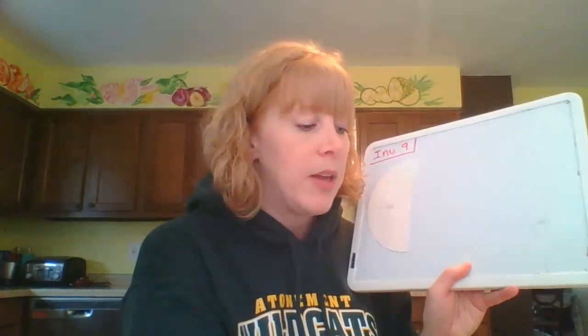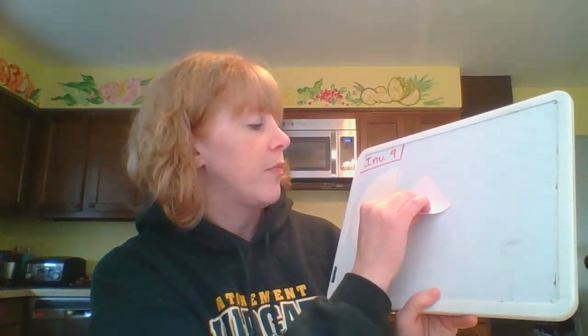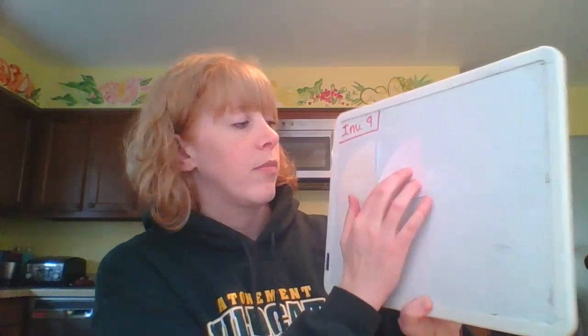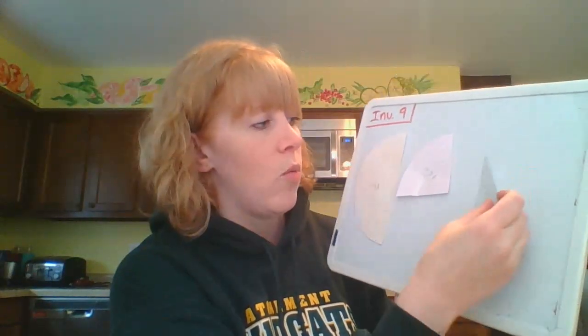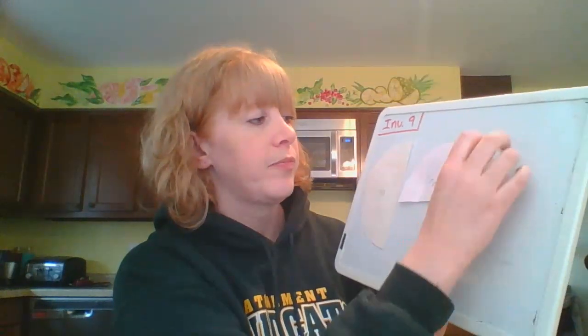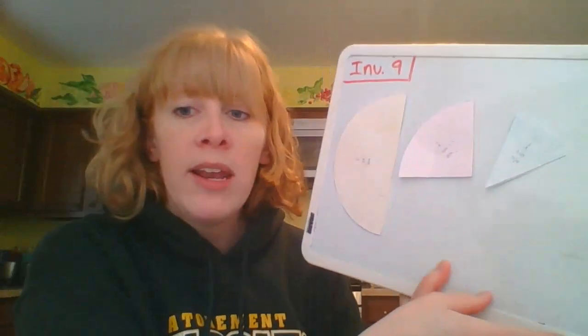So I have a 1/2 manipulative still up here. I'm going to get a 1/4. And I'm going to get a 1/8. All right, I've got 1/2, 1/4, and 1/8.